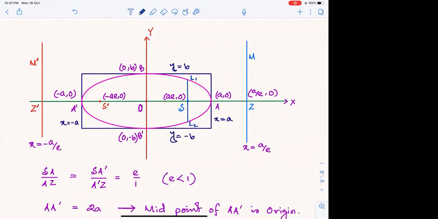First of all, x equals AE. So L1 and L2 are the common points of x equals AE and the ellipse.